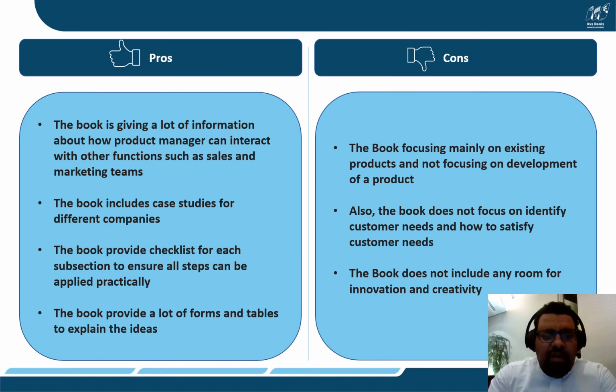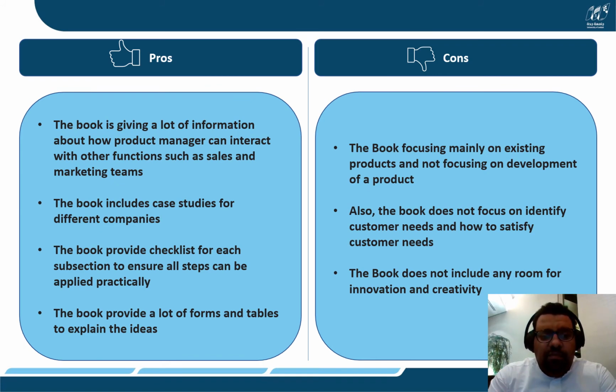Also, the book includes many case studies for different companies, which are real examples for each type or each section of the book, such as the Zara case study and the Toyota case study.